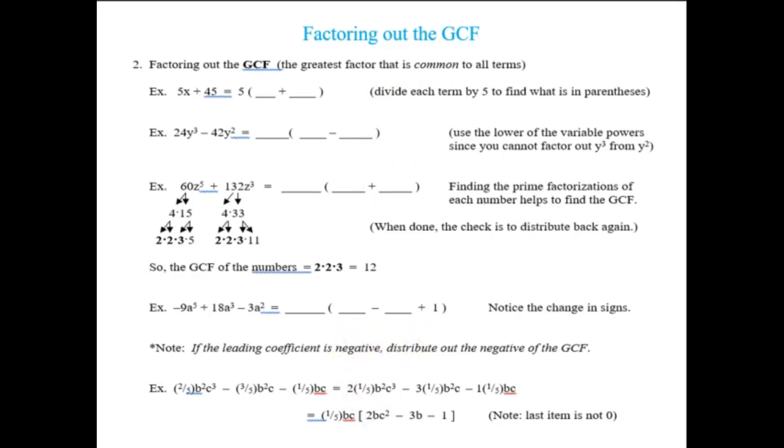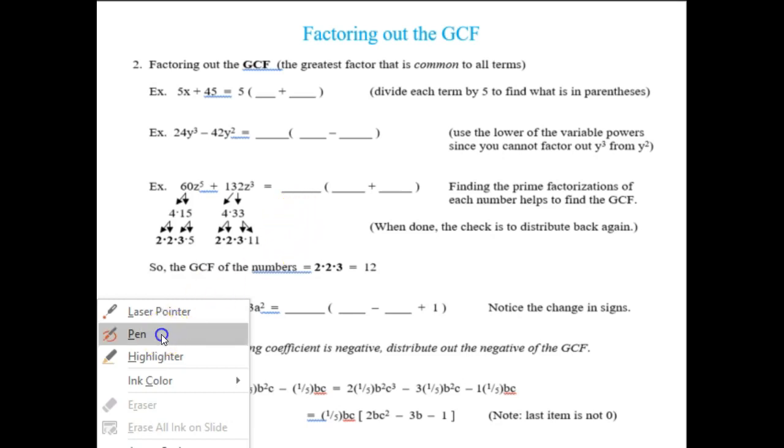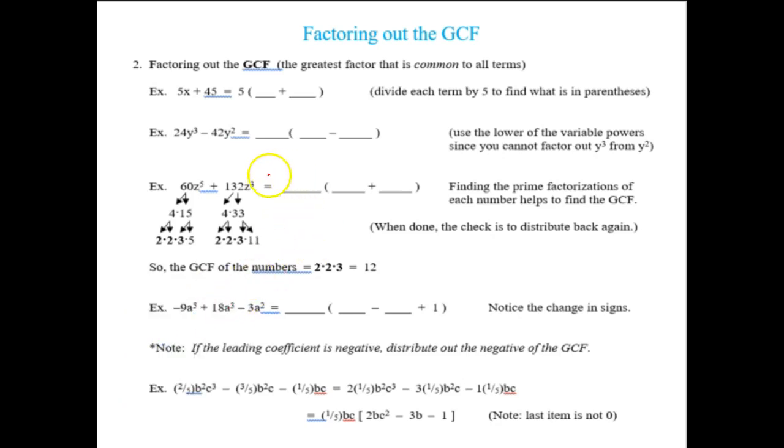Now, the first thing, factoring out the greatest common factor. Let's take a look at some examples here. In the first example, you see that 5 is a factor of both of those terms. We're looking at 5x plus 45, and 5 goes into 5x and 5 goes into 45.